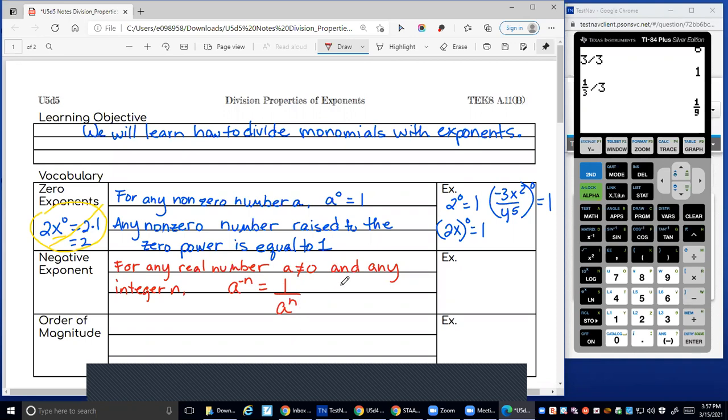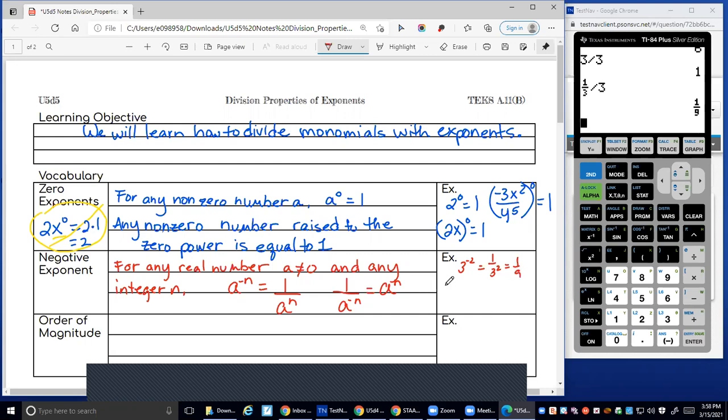And you can kind of look at the table that we were looking at as an example. Or let's say that we start off and you have a negative exponent in the denominator. And we want to make it positive, so we bring it from the bottom and bring it up to the top. We make it positive, okay? So again, if you looked at our table, remember we had 3 to the power of negative 2, and that ended up being 1 over 3 to the power of 2, 1 over 9, right?